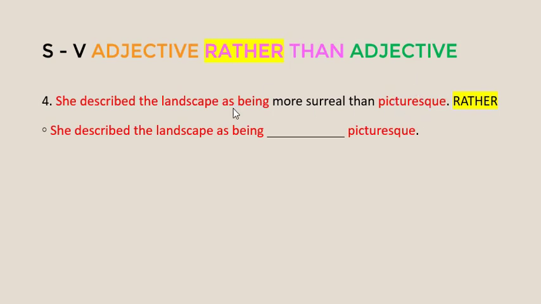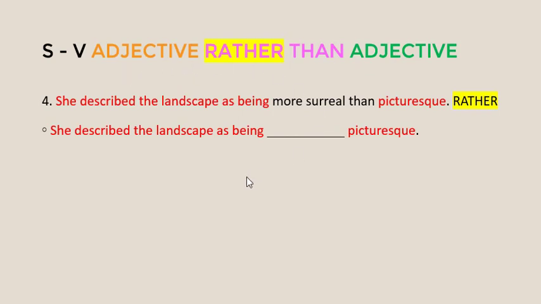Okay, now let's take a look at the second question. She described the landscape as being, these words are the same. Picturesque is the same. More surreal than haven't been used, which means they have to be used in the blank using the pattern above.